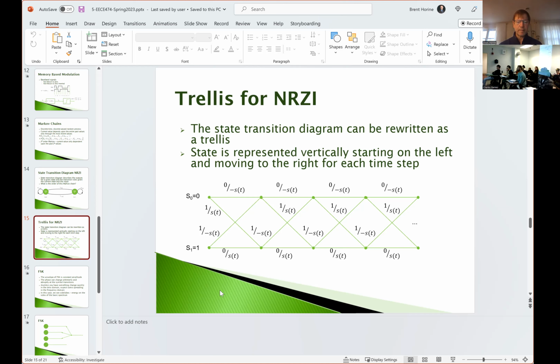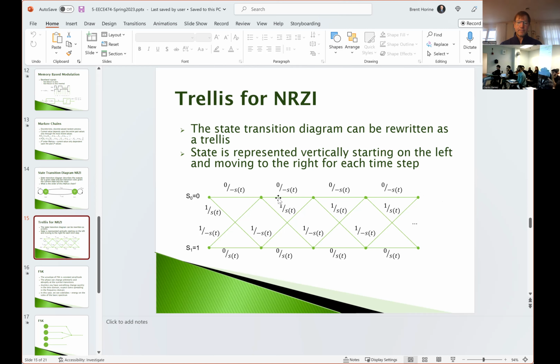You would have more states represented vertically, and then horizontally we're evolving over time, right? So here we're moving from time instance 0 to time instance 1, 2, 3, 4, and the state transitions are the same. All of these dots up here represent state 0, but at different times of this overall process, right? As we move from left to right.